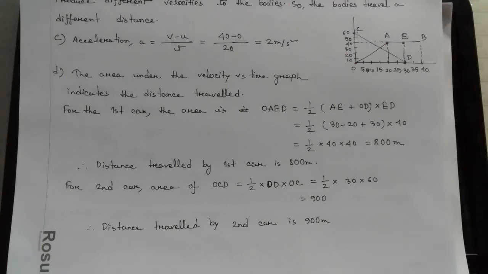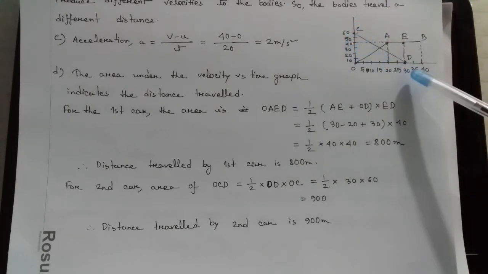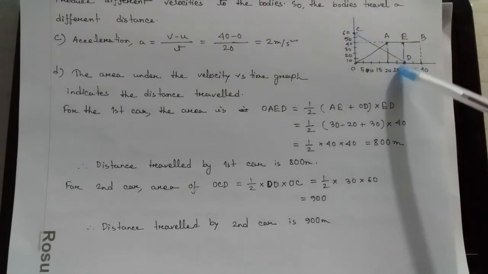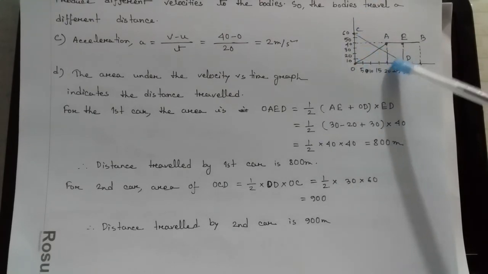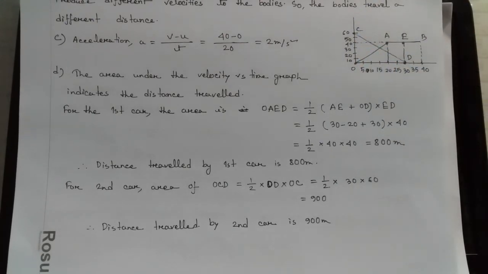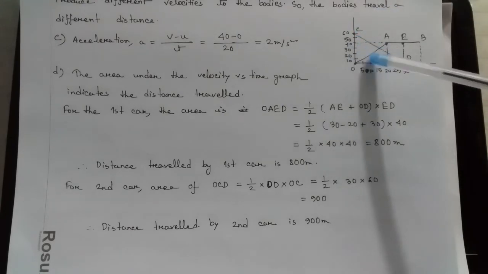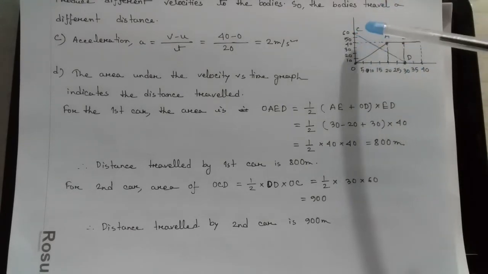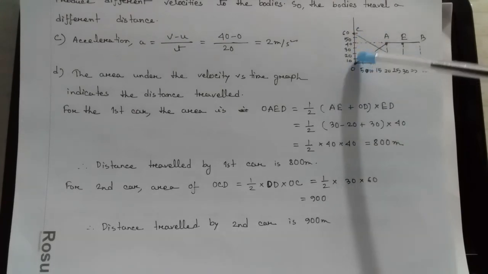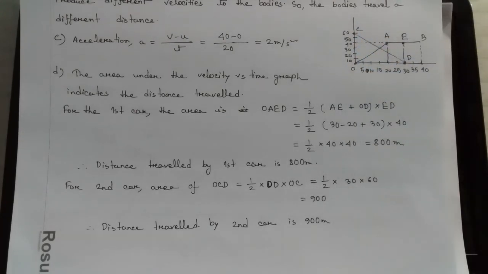And for the second car, the graph is CD. The portion for the second car is CD. That means the area under the CD curve will be the total distance for the second car. So for the second curve, the total area under the curve CD is covered by OCD.